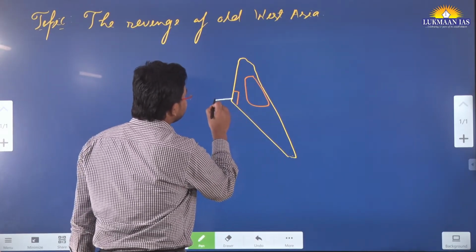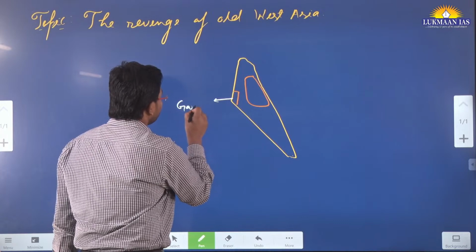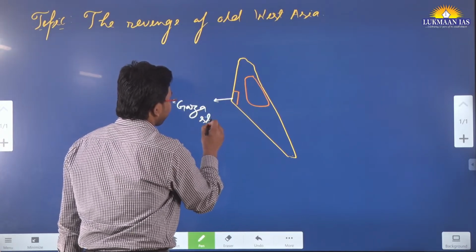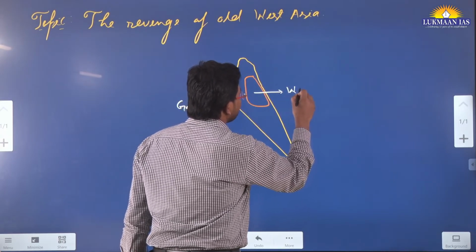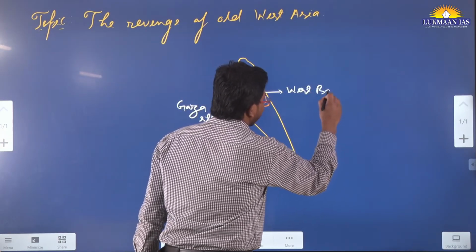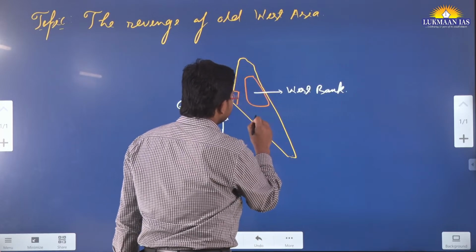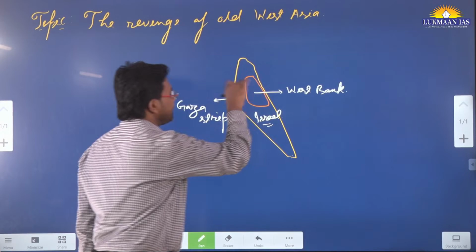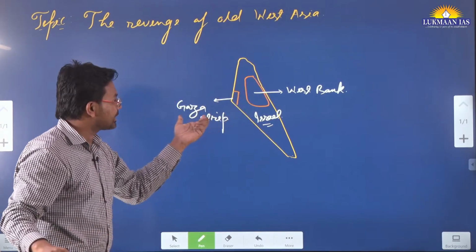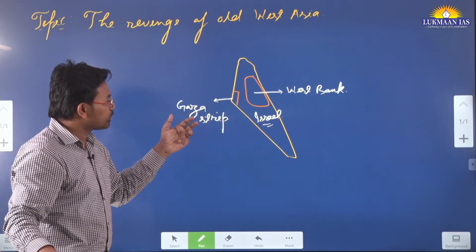So this particular region shows what? Gaza Strip. This particular region shows West Bank. This region shows Israel. The other region inside the yellow thing is Israel. But there are countries that surround Israel.